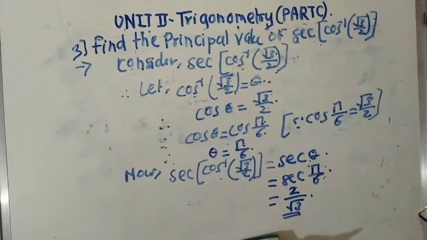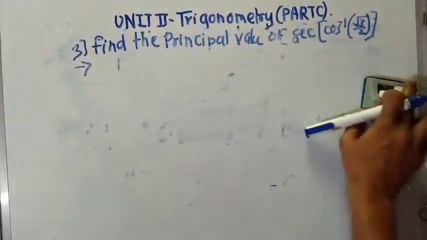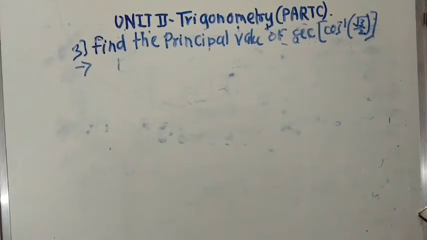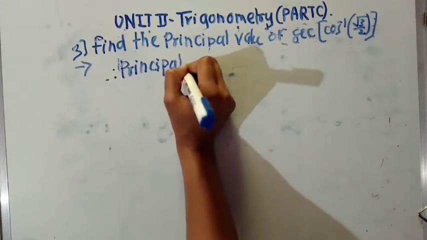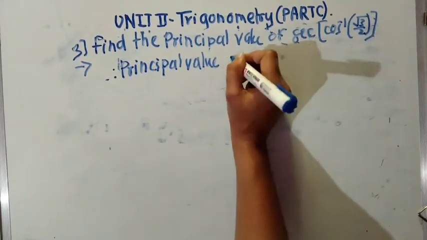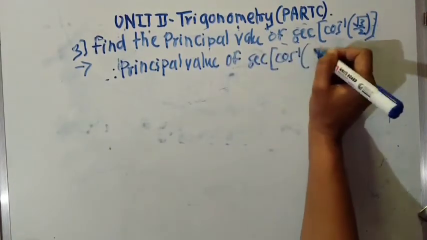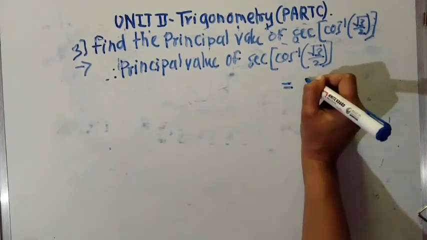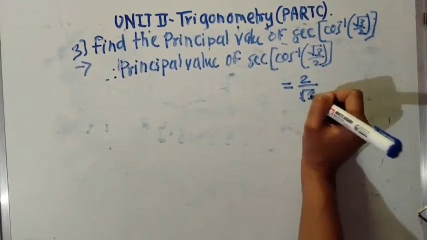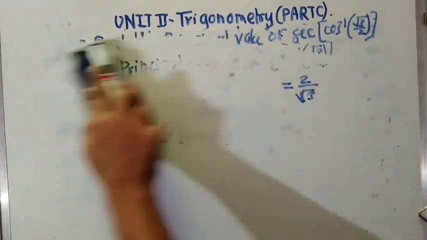Hence the principal value of sec cos inverse of root 3 upon 2 is equal to 2 upon root 3. Then we give the next example.